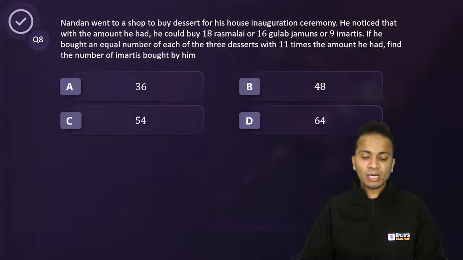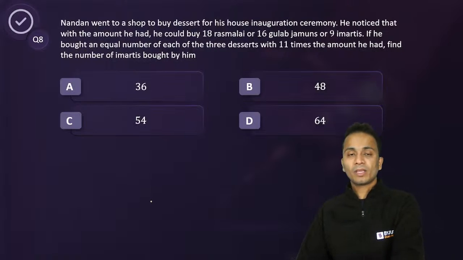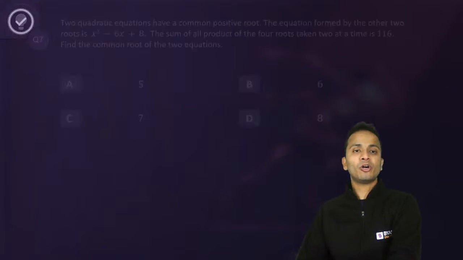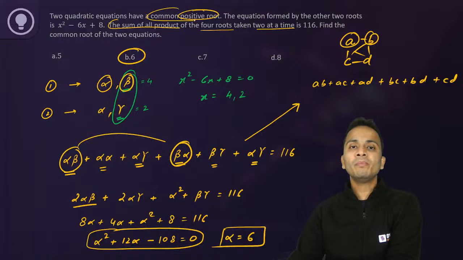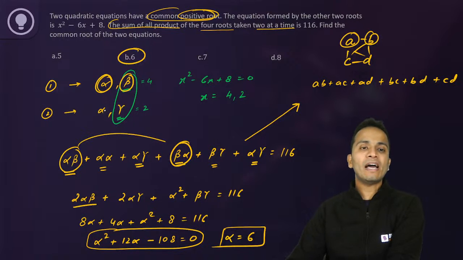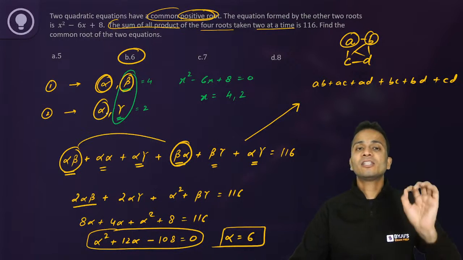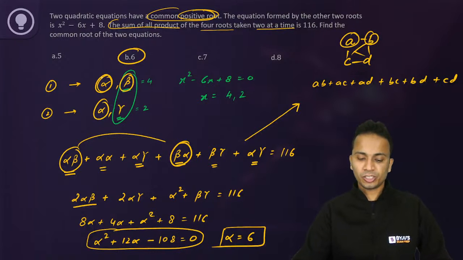Okay, now Visham, why I did not take alpha, beta, gamma, and delta? So that was a simple reason, because in the question it was mentioned that there is one common positive root. So that is why I have taken alpha as the common root of both the equations. Okay.